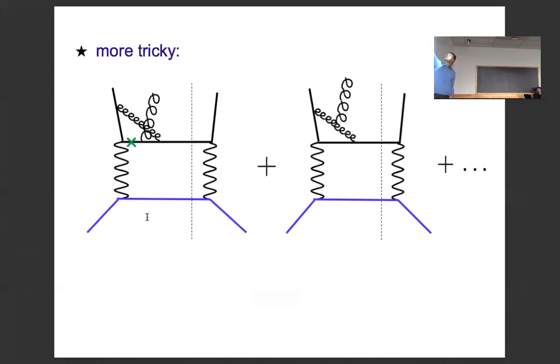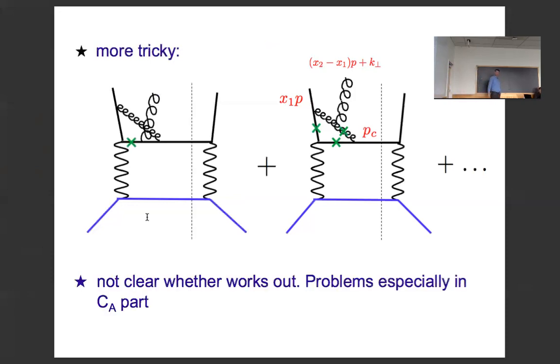For example, if you call this your loop momentum here, then this will depend on x1 and x2. This might as well. So you have different places where you can pick up poles depending on how you refer to your loop momentum. And we've worked really quite a bit on this, but it seems really messy. So especially the CA part of this, which is a combination of this and this diagram, doesn't seem to quite work out at this stage.